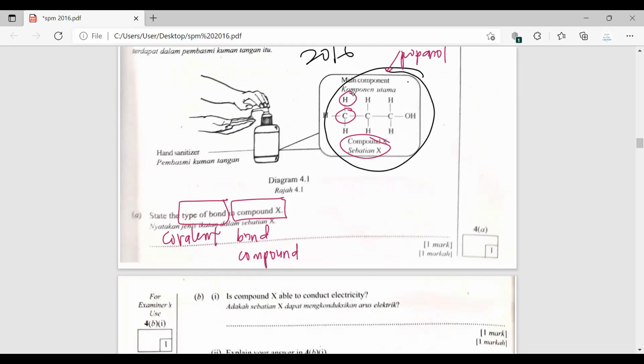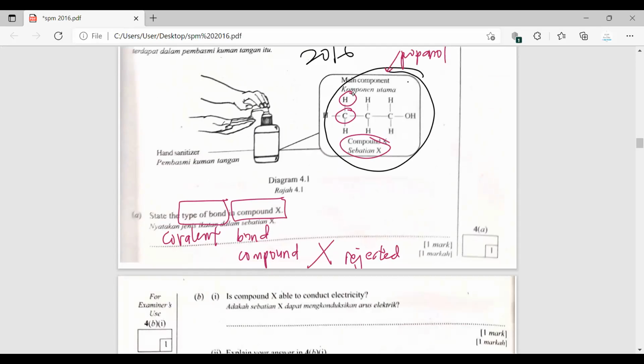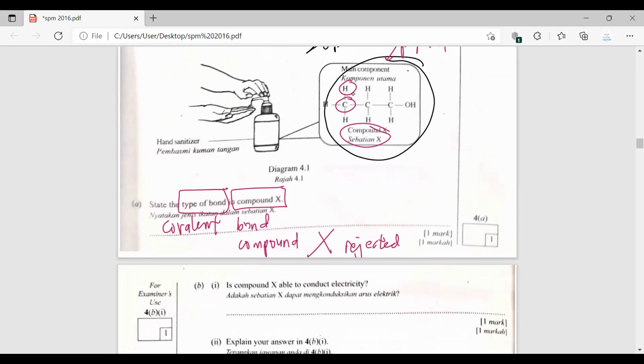No. Excellent. You are not allowed to answer covalent compound. This is rejected. You cannot even answer covalent molecule, rejected. So if they ask you for bond, you must answer bond.